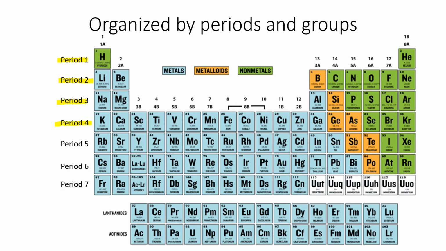And for the groups, there are two different numbering systems. The one on the top just goes 1 through 18: 1, 2, 3, 4, 5, 6, 7, 8, 9, 10, 11, just numbering across, 12, 13, 14, 15, 16, 17. Then there's also another numbering system that gets used for the groups, and you see this on this periodic table.